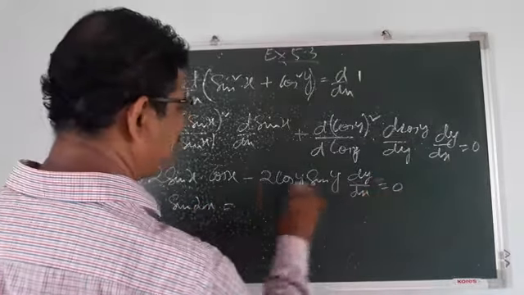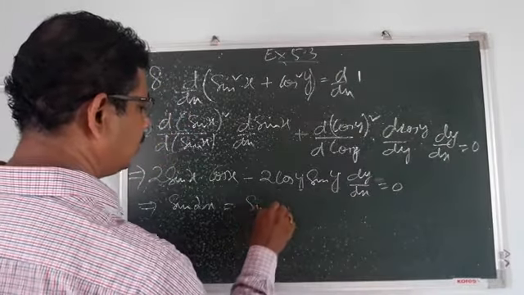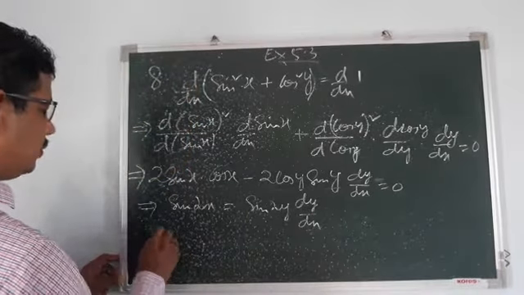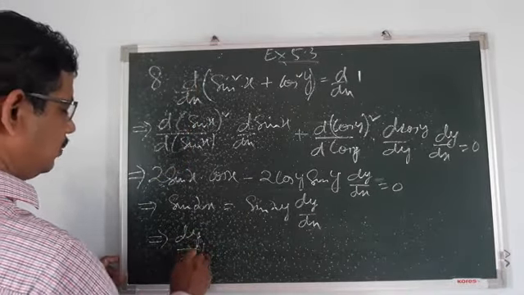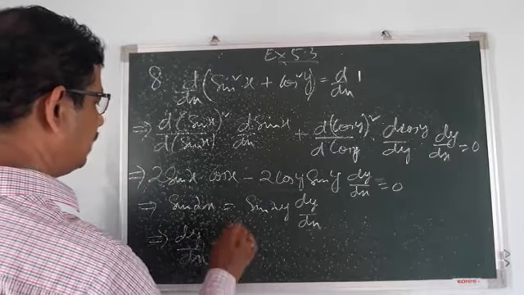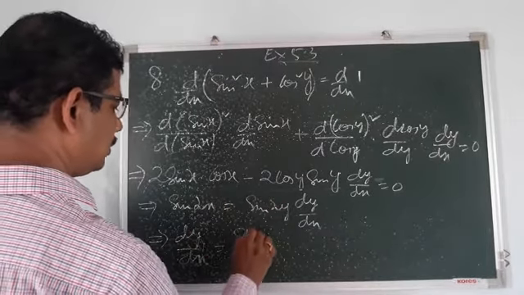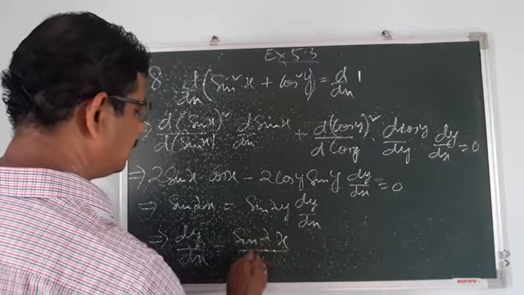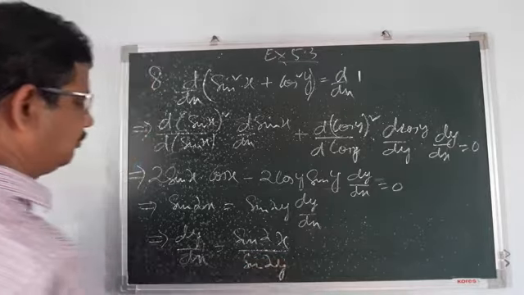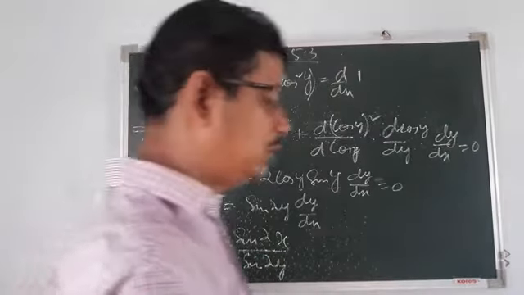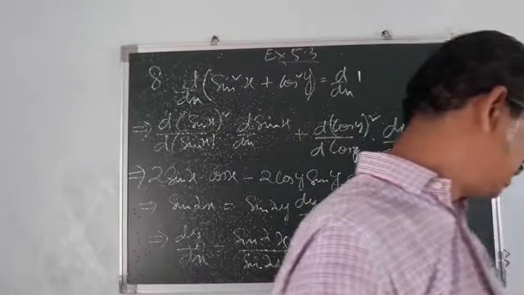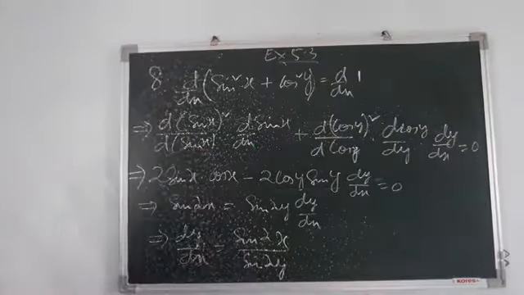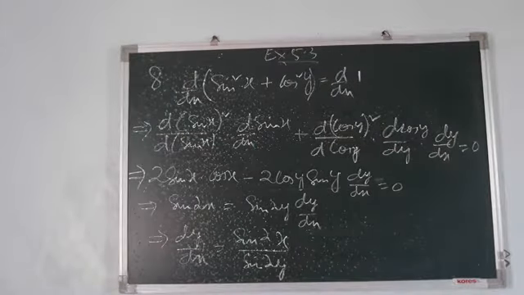If you take this to that side, this value is sin 2y dy/dx. So what is dy/dx here? dy/dx is sin 2x divided by sin 2y. So this is our value. I think it is clear to all of you. So this is question number 8.